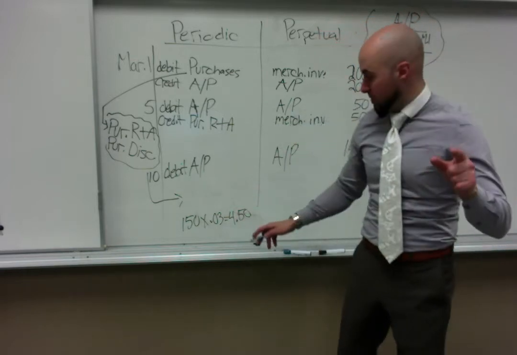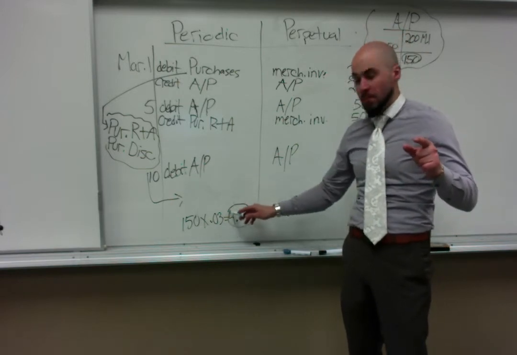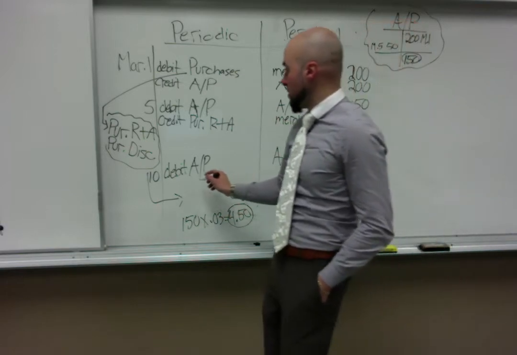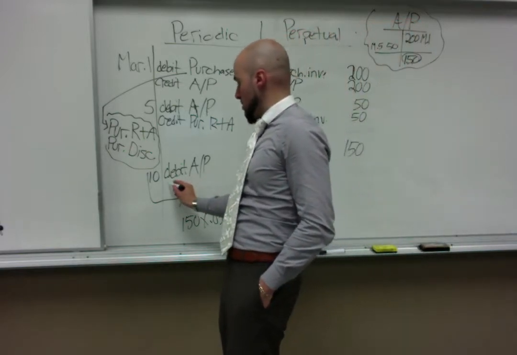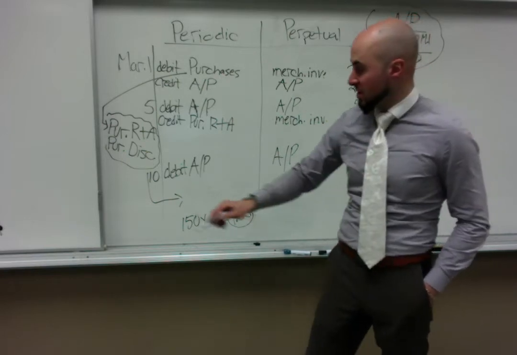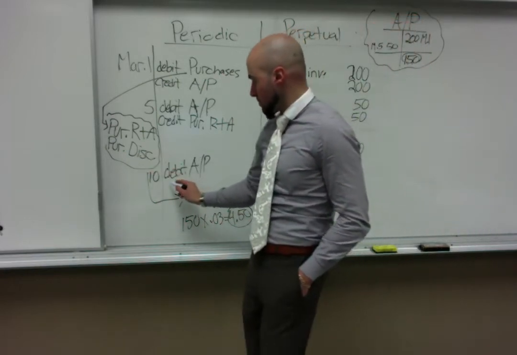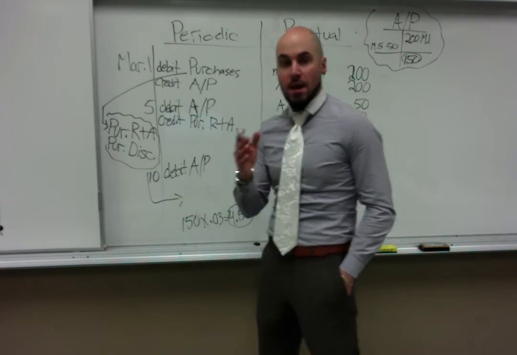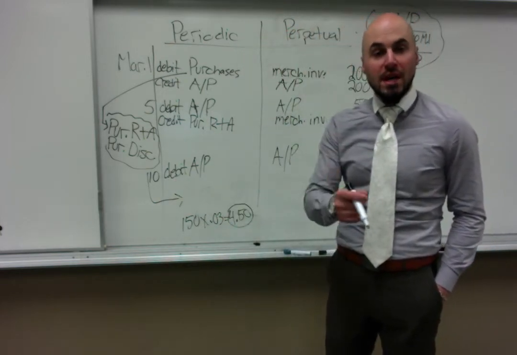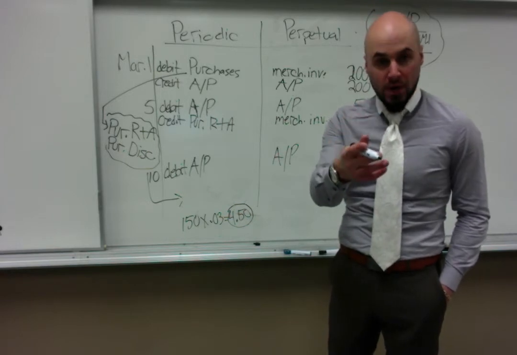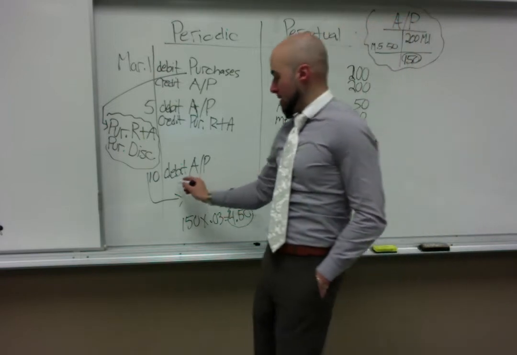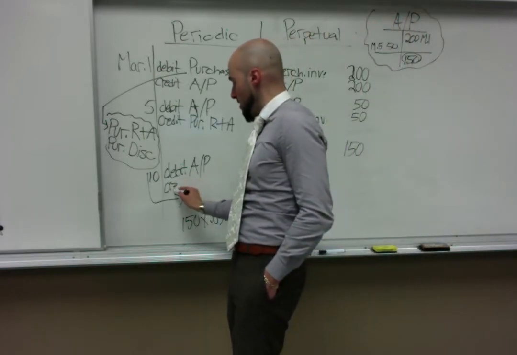That means this $4.50 in the periodic system will be called purchase discounts. And purchase discounts is a contra expense account, which makes it a natural credit, since expenses are debits, right? So, credit.